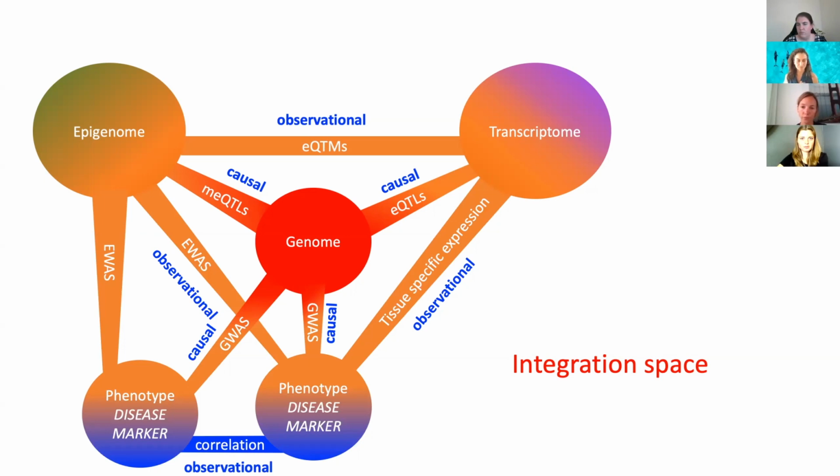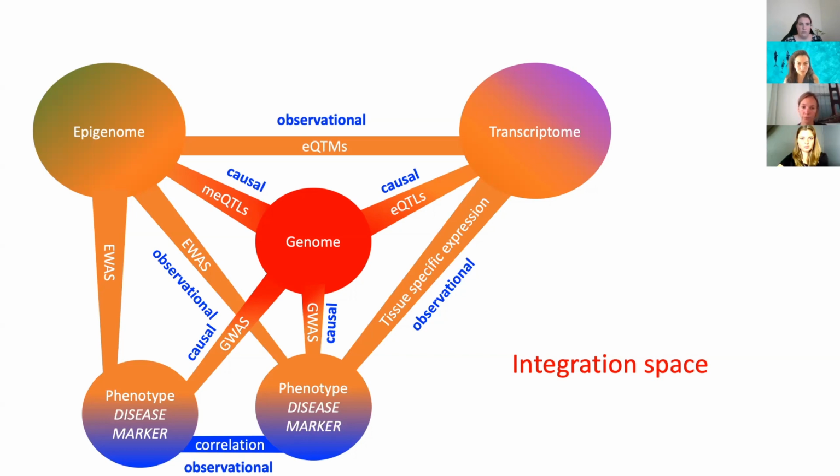So it is also important to understand that these observations, these correlations between the phenotypes, are basically observational, and a correlation between a phenotype and an epigenetic marker is also observational, and expression between phenotype is also going to be observational and tissue dependent. So EWAS here stands for epigenome-wide association study.